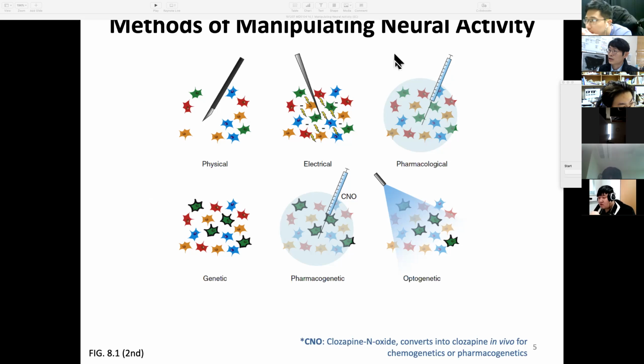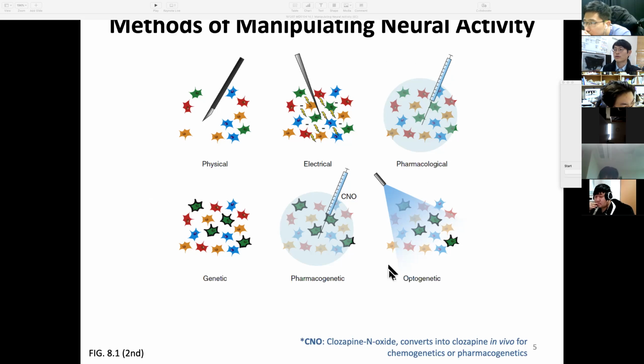But for manipulating neural activity, you have to inject locally. You see the diffusion of the drug, so localization may be affected. You also have to consider the pharmacokinetics and pharmacodynamics of this interaction, so it might not be easy to make a precise temporal control.